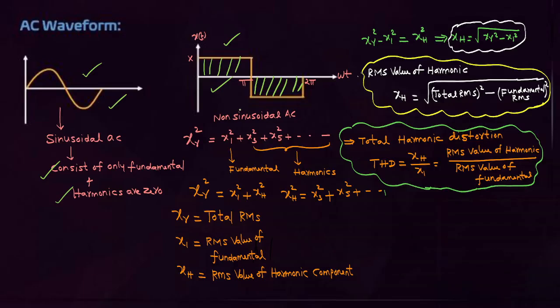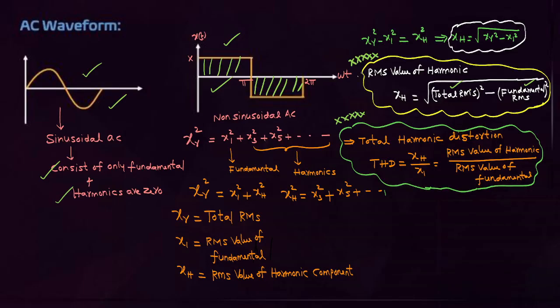Now from this we have to define the total harmonic distortion. This formula you have to remember. Total harmonic distortion equals RMS value of harmonic by RMS value of fundamental. What is the RMS value of harmonic? This is also an important formula, a very important observation. RMS value of harmonic equals square root of total RMS square minus fundamental RMS square.